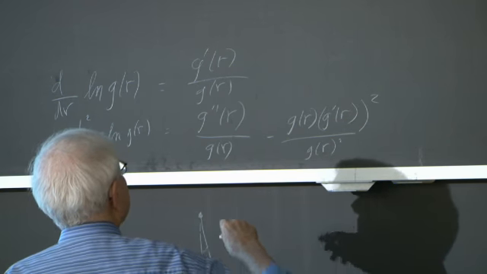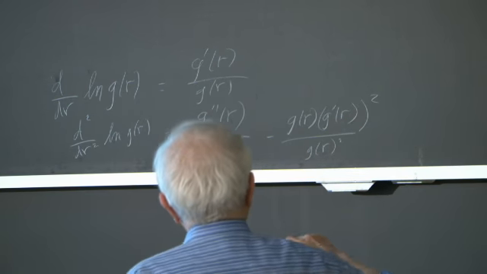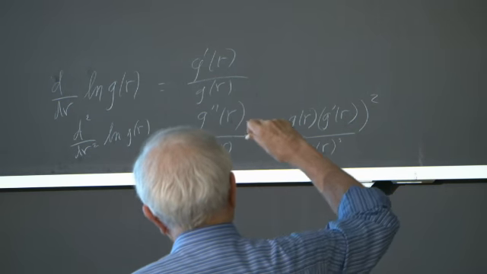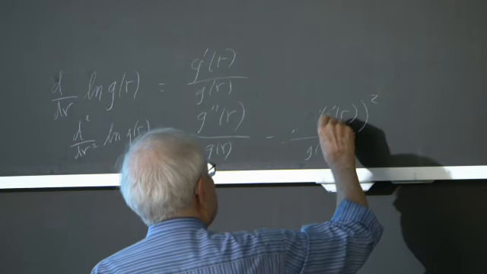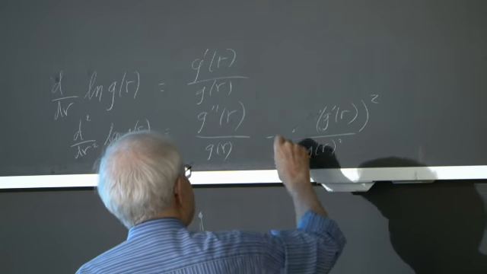So we have g double prime of r over g of r, minus g prime of r squared over g of r squared.